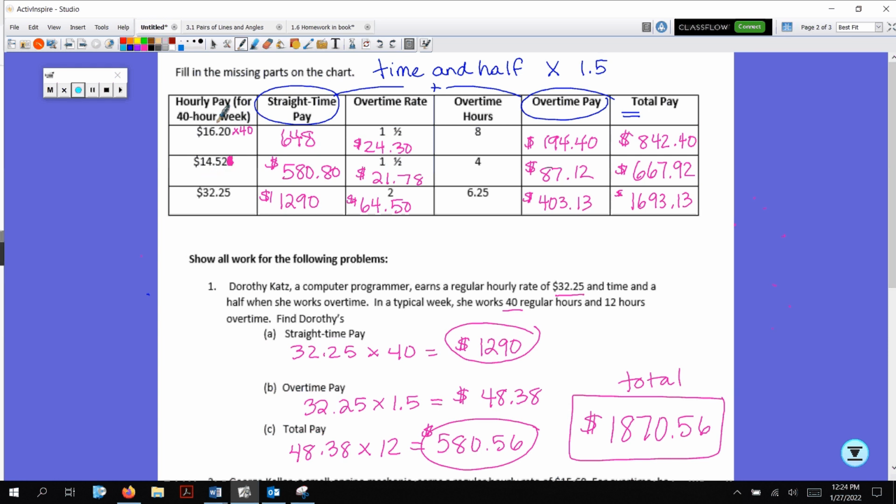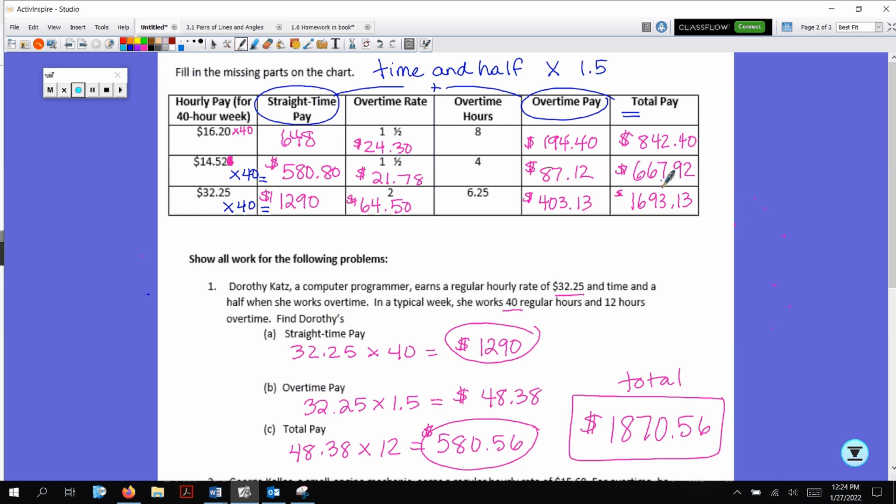Because this row is all 40, so times 40 gives us this. So times 40, both of these, right? That gives us the straight time pay. Then we do our overtime rate. 1.5 times $14.52 is $21.78 per hour for overtime. Times 4 gives us that overtime pay. Add the overtime pay and the straight time pay, and we get our total pay.